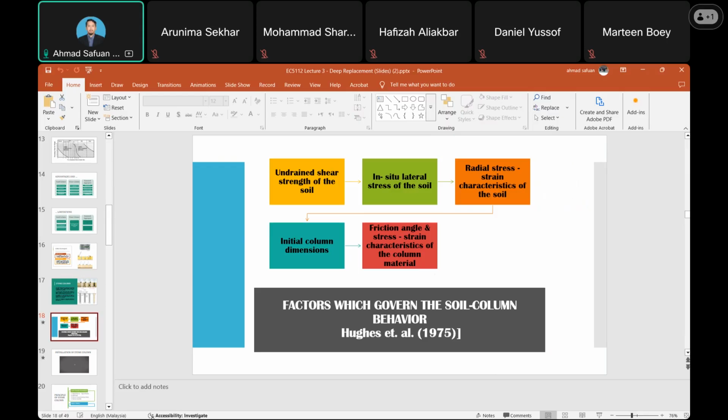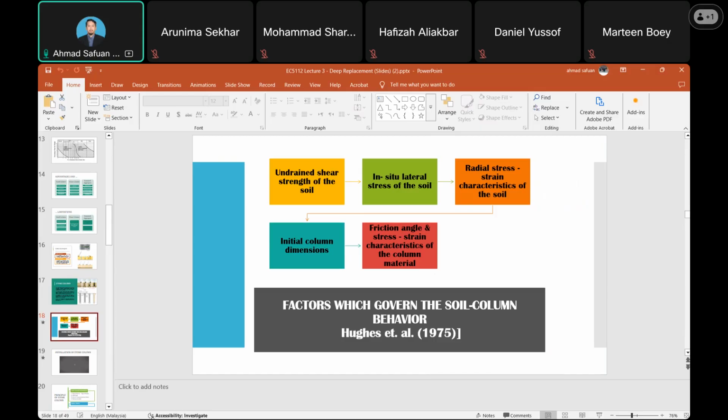Next, the radial stress strain characteristic of the soil. So this is included in the settlement calculations. So we need to know the radial stress strain.